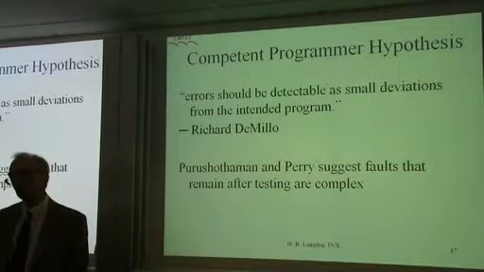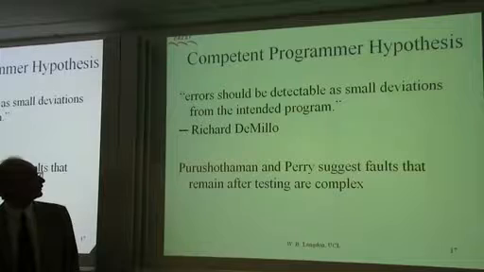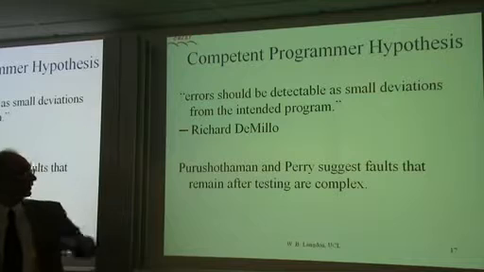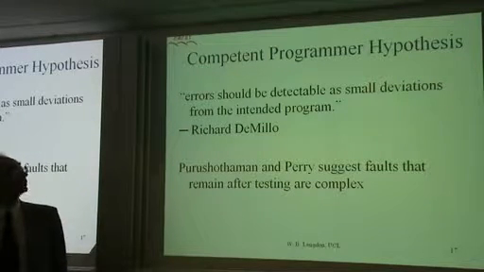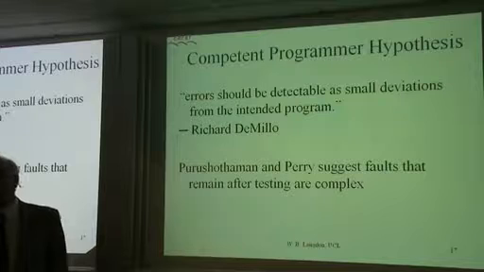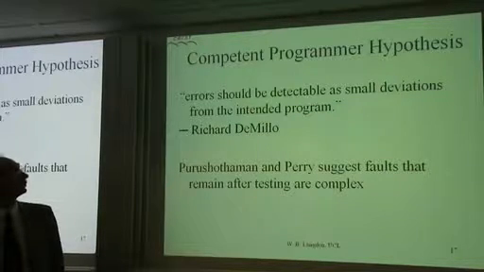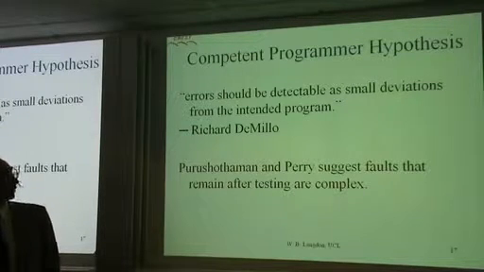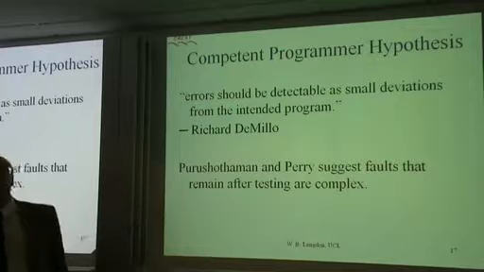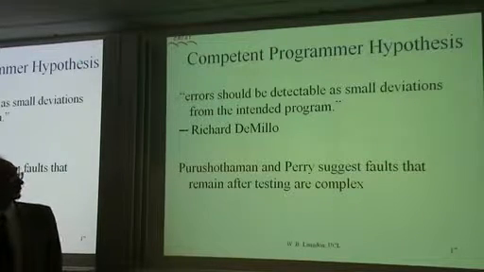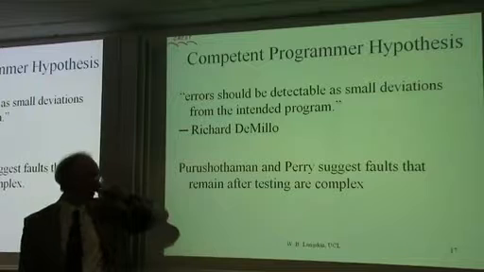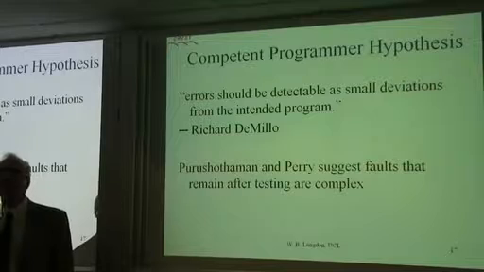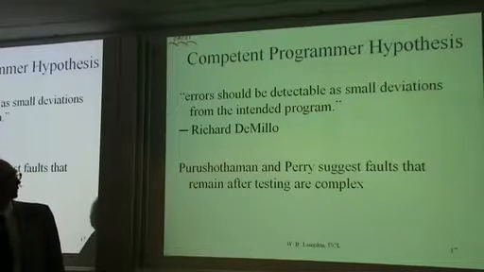Conversely, the competent programmer hypothesis, we haven't really got any data here, except that the original claim was that errors, meaning bugs, should be detectable as small deviations, so they should be detectable as first order mutants. But what people have actually found is when they study real large software engineering systems, so Endres and Perry looked at source code, I think something of the order of 10 million lines of code.